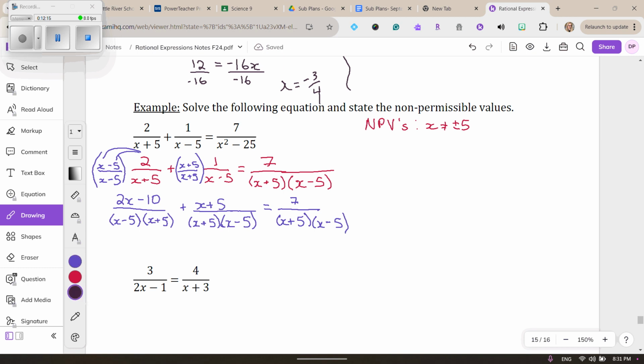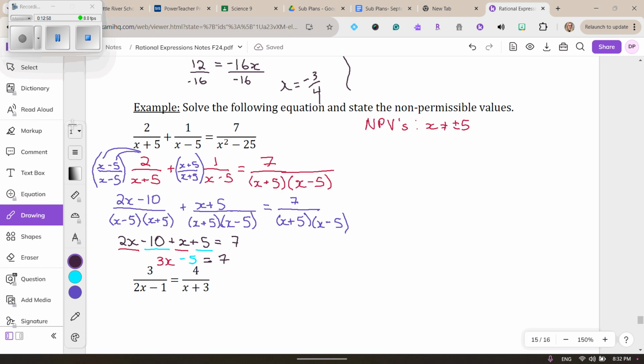I can cancel them out, and I'm left with 2x minus 10 plus x plus 5 equals 7. Okay, let's collect our like terms on the left-hand side of my equation. So I get 3x minus 5 equals 7.